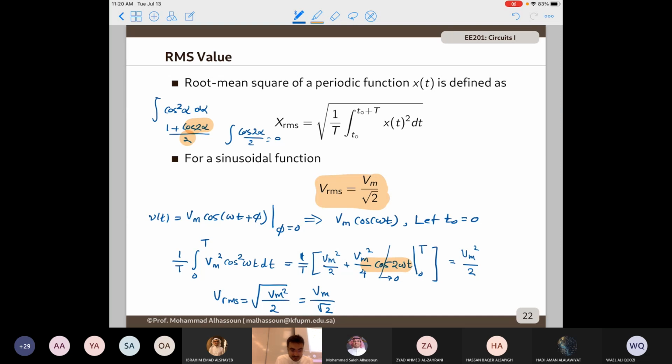So if I ask you what is the RMS representation of the source, remember, our source is v of t equals Vm cosine omega t plus phi. Then VRMS will not change the frequency or the phase, it will only change the amplitude.